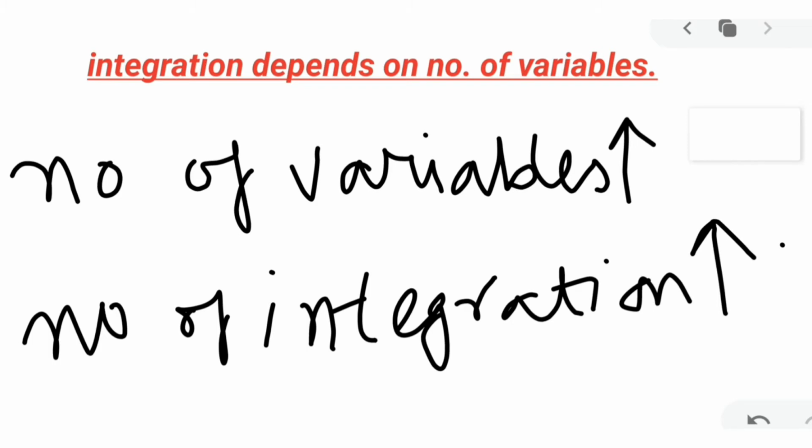So for two variables, we need to integrate twice. For three variables, we have to integrate thrice. This concept depends on that.